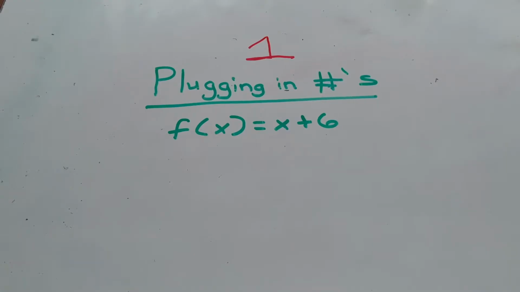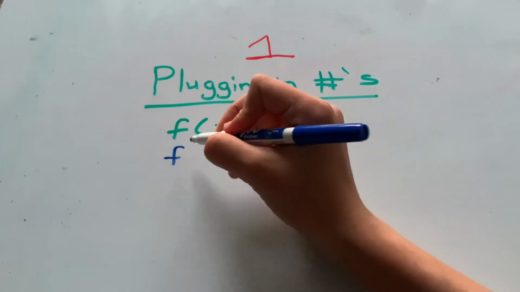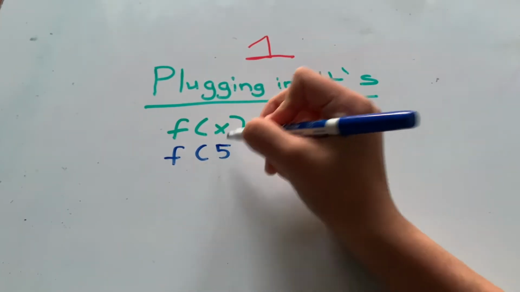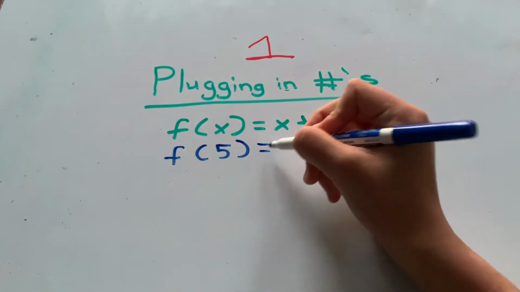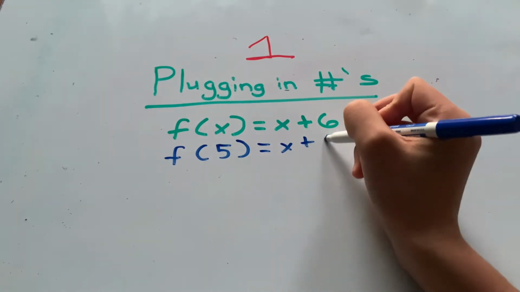Okay, the first way of evaluating functions is plugging in numbers to the equation. How to plug in numbers to the equation? If you want to plug in, let's say, 5 to f of x equals x plus 6, you write it like this: f of 5 equals x plus 6.